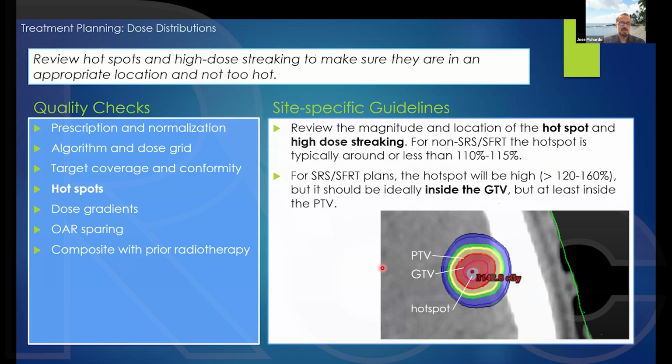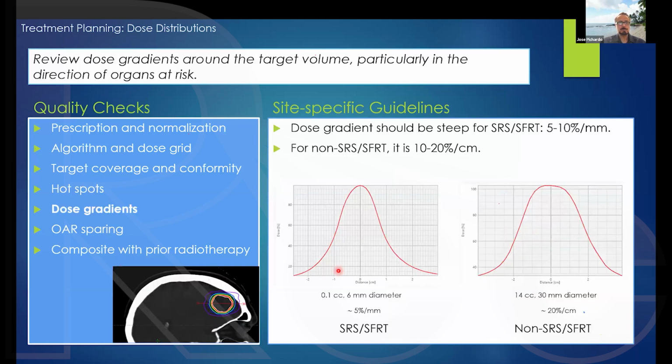But ideally, inside of the GTV. If it's not, that means that the inner ring that is used to push the dose inside of the PTV was not used optimally in the optimizer. Okay, so you have to look and see what priorities were given.